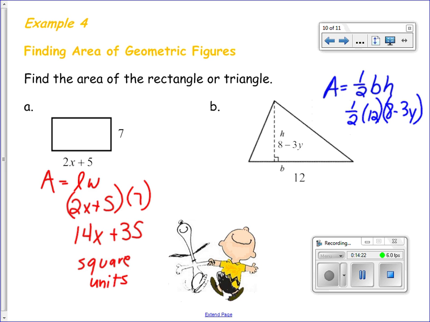We're going to simplify this. 1/2 times 12 is 6, times 8 minus 3y. Use the distributive property. It's 48 minus 18y. The area is 48 minus 18y square units.